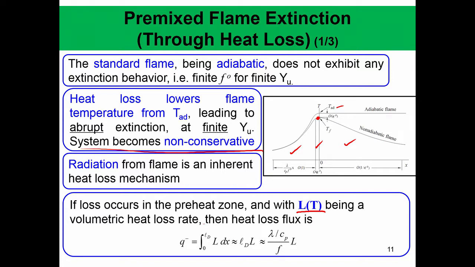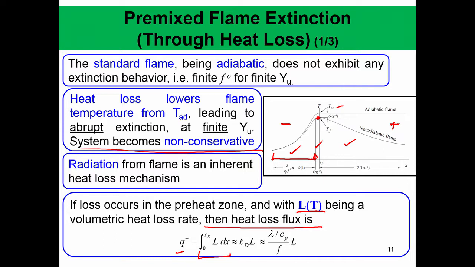Then the total heat loss flux, that is heat loss per unit area, because of course we have to consider unit area, is Q minus; this region is minus, this region is plus. If we stick to the previous convention, this is essentially the integral from 0 to L_D; this is the integration domain.